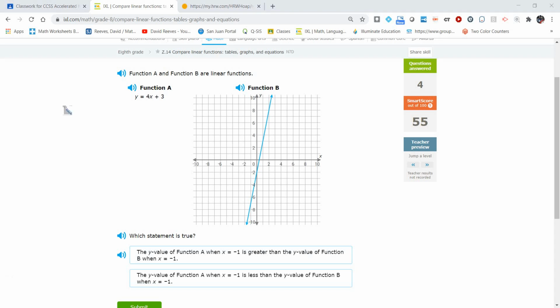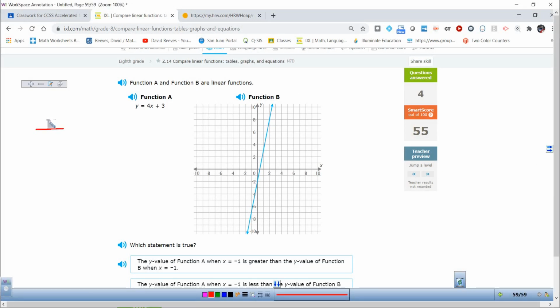So remember, when we have a table of values, we have x and we have y. X we usually refer to as our input, and y we usually refer to as our output, right? So x would be my input here, and y would be my output.